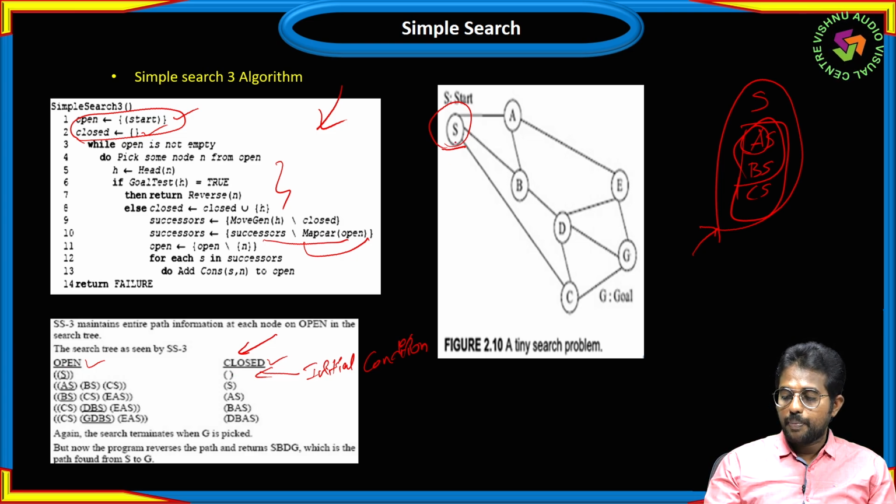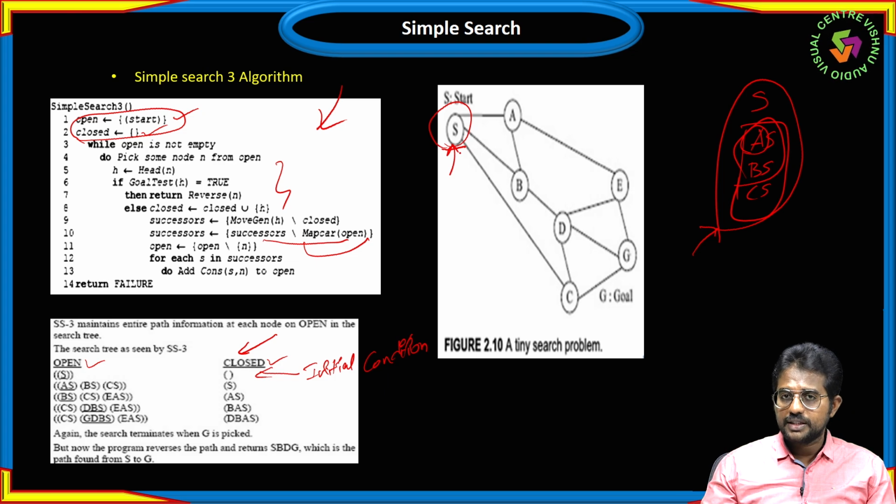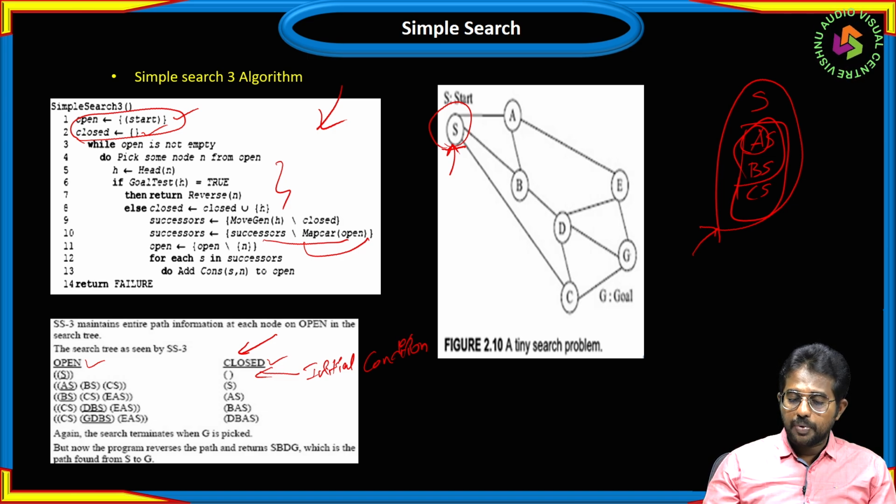So I will apply the goal test function on this S. It is not a goal node, so the condition will be false and the else part will be executed. In the else part, in the first step we have to add S to the closed data structure.